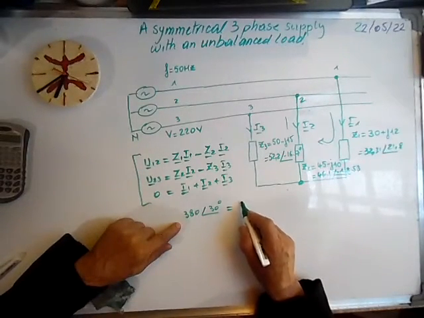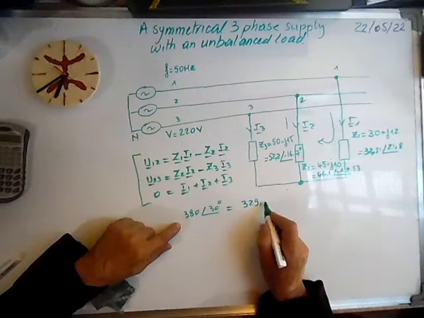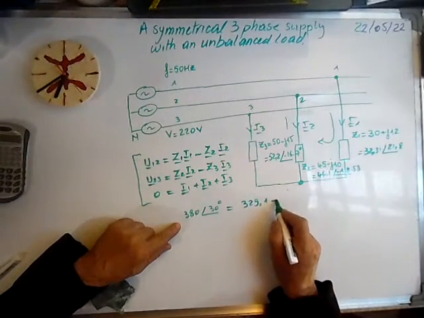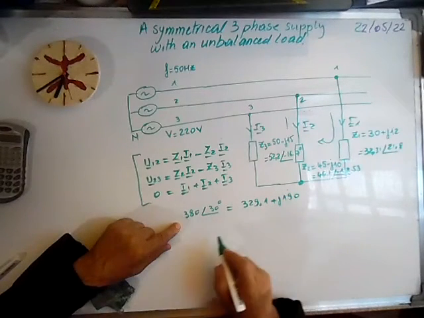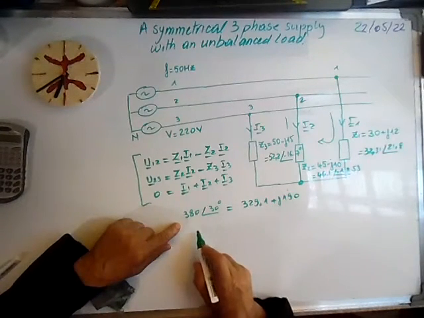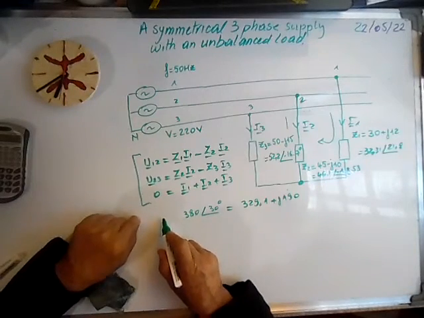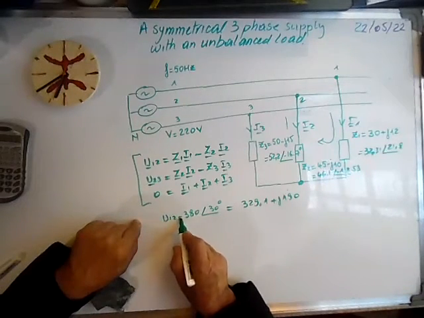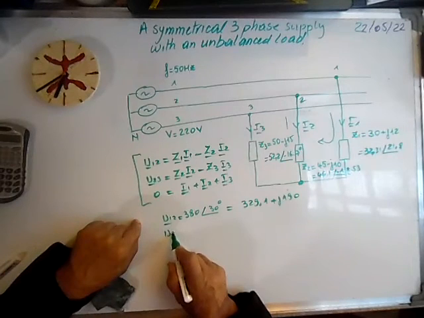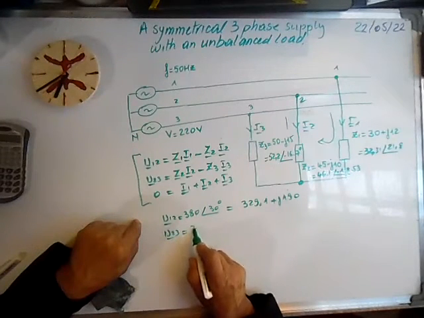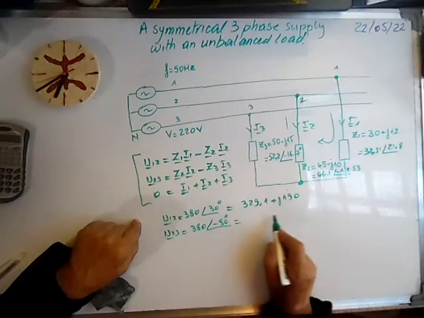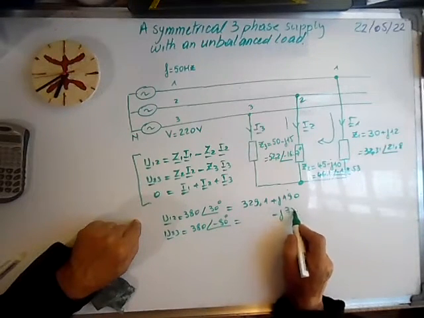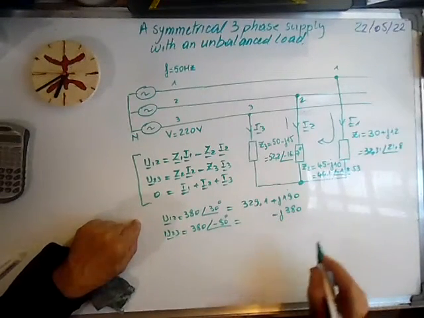Here it's 329.1 plus j190, and this is U12, and U23 is equal to 380 at minus 90 degrees, it means it's minus j380.